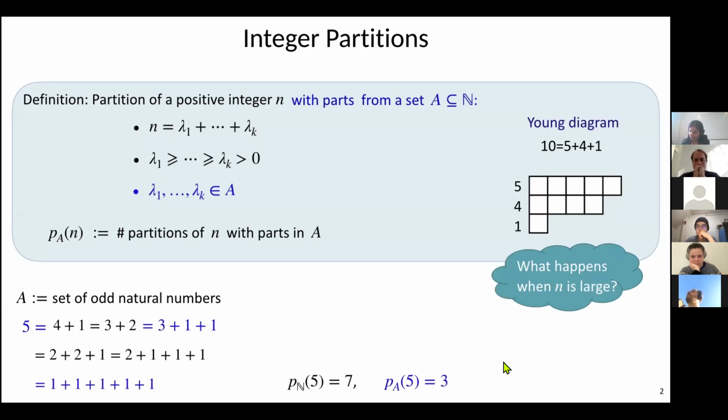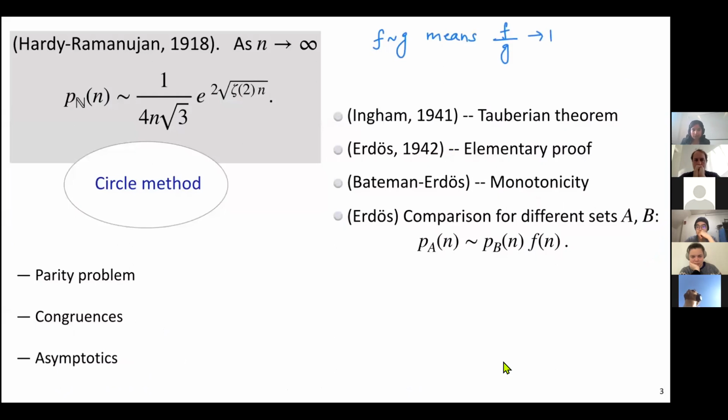And this was proved for the first time by Hardy and Ramanujan in 1918. They showed that this function is asymptotic to this quantity here. Throughout this talk, f asymptotic to g will mean that the ratio goes to 1 in the limit.